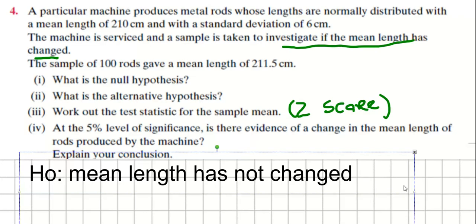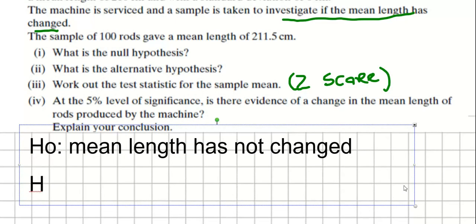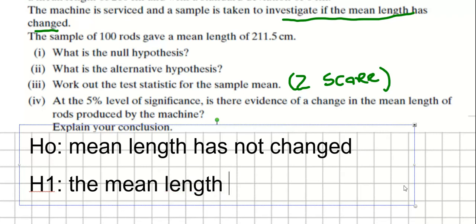Okay, and then what's the other one? The mean length has changed, or the mean length is not 210. No, the null hypothesis means nothing has changed.